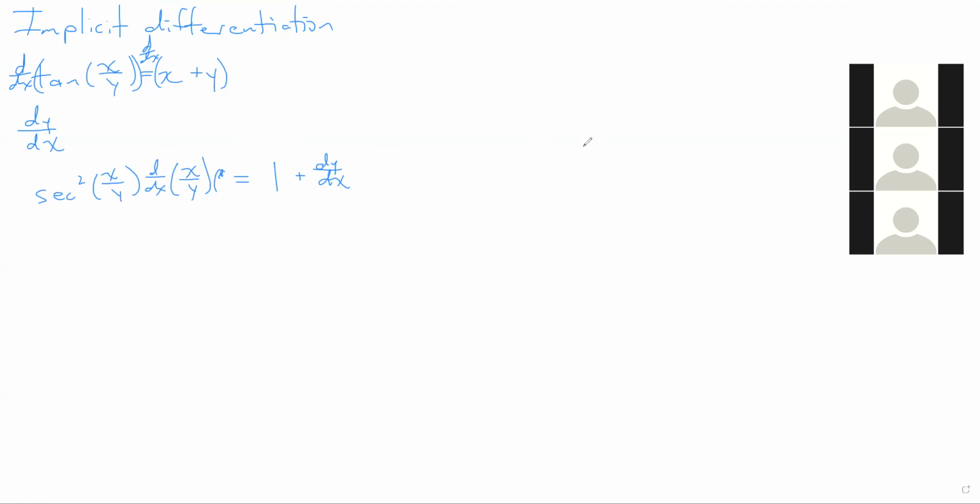I'm going to give myself some room because I want to deal with this derivative of x over y on its own, just because I feel like it's complicated enough that it deserves that. So here we're going to need quotient rule.